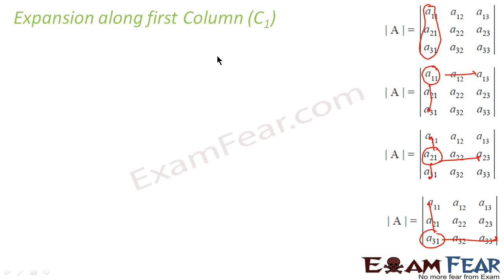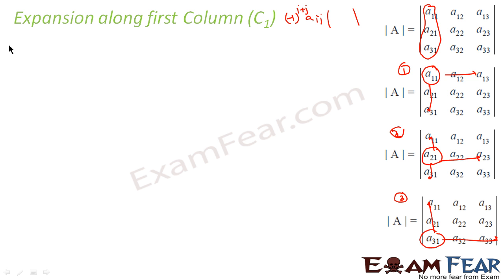Same formula: minus 1 to the power i plus j, a_ij, and this matrix. Add all. This is step 1, step 2, step 3. So let's add all what I got in steps 1, 2 and 3.